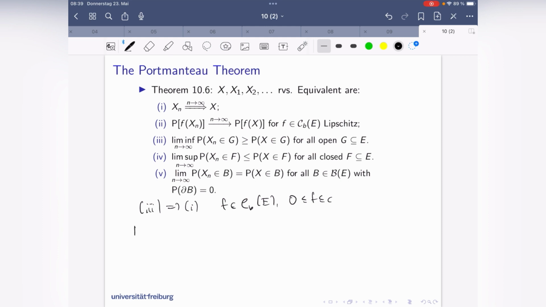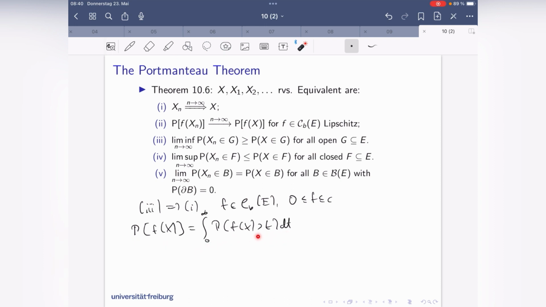So let's see, p f of x. That must be the limit of the integrals of f of xn. And since f of x is non-negative now, I can do the following trick. Pi f of x bigger than t dt. If you have a non-negative random variable, I can compute the expectation by computing this integral over these things here.